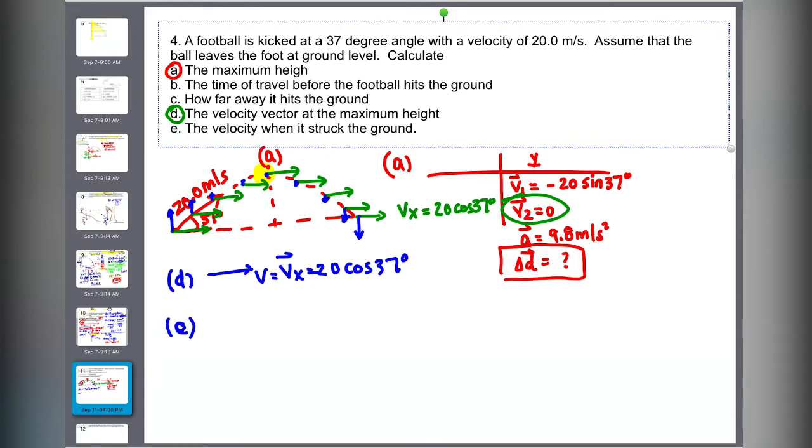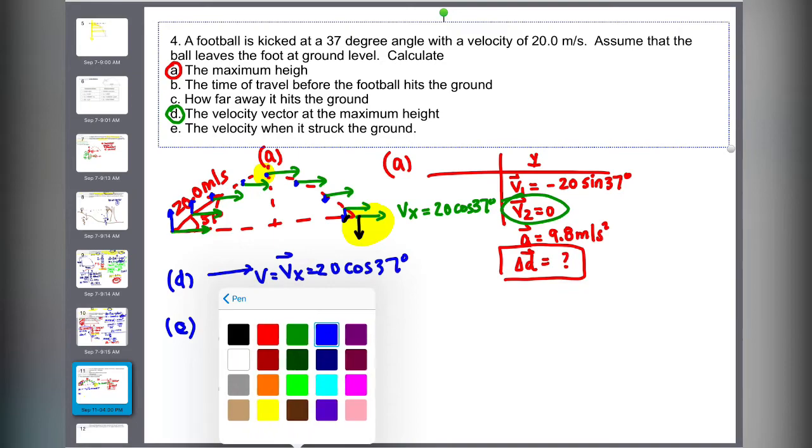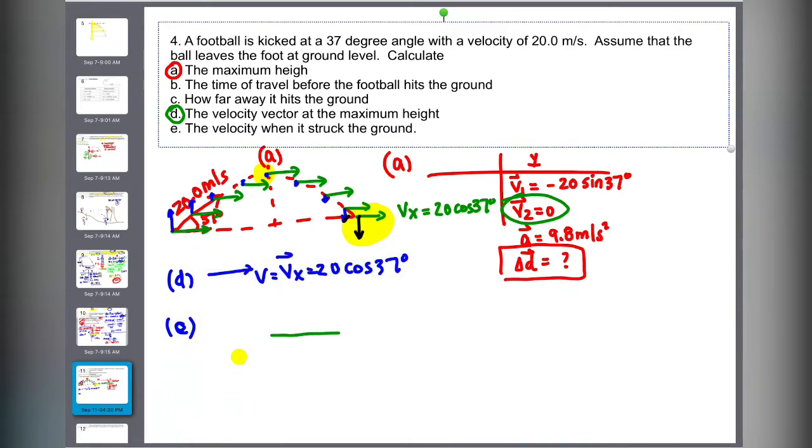Part E, the velocity when it strikes the ground. So we're now looking at when it strikes the ground. We know the green. Going horizontally, I will have Vx, which is 20 cos of 37.